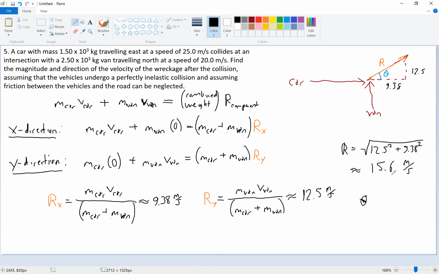You're going to use inverse tangent of the opposite over the adjacent. And then when you run those numbers, you get about 53 degrees. And so that's the result.